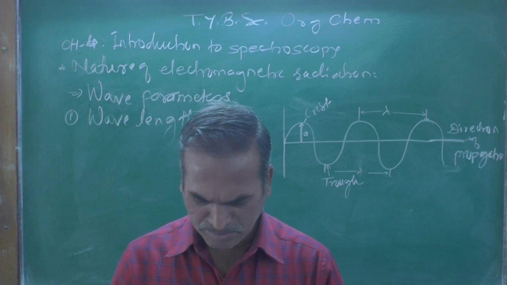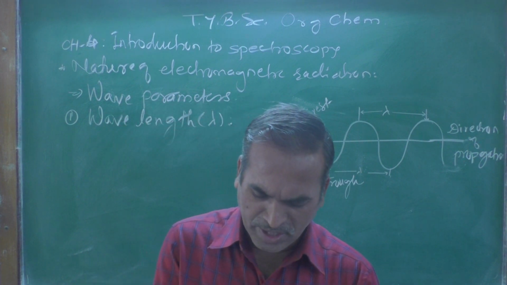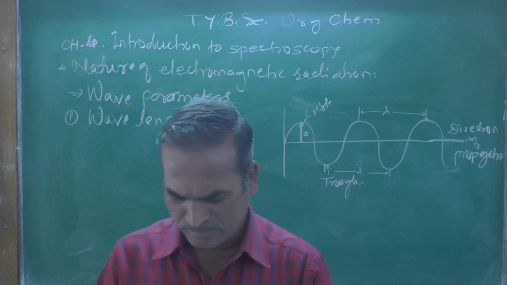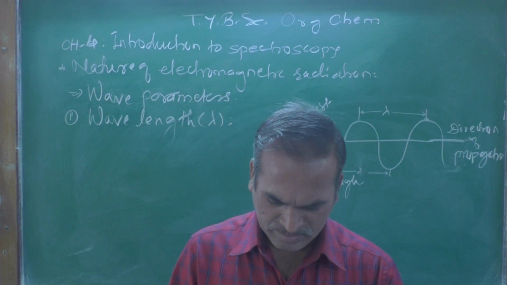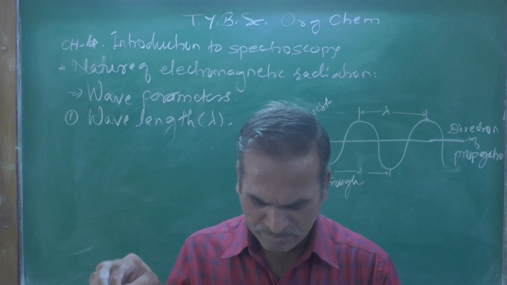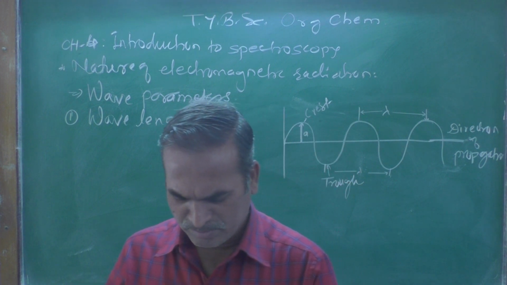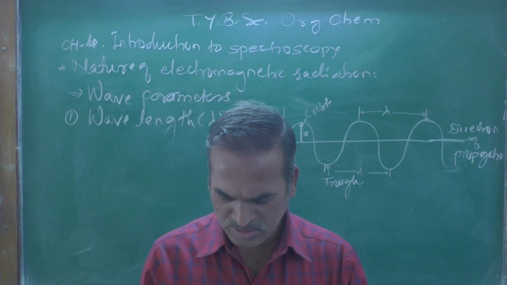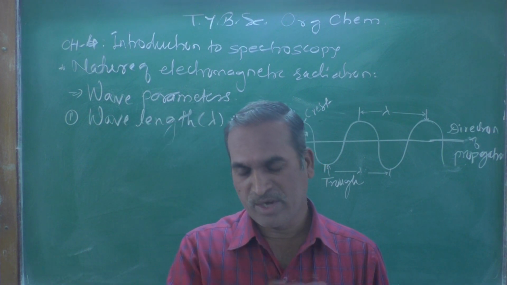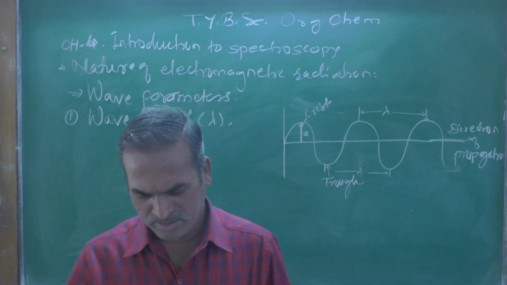The distance between two consecutive crests or troughs, or the distance between the starting point of the crest and end of the following trough, is called the wavelength of the radiation.